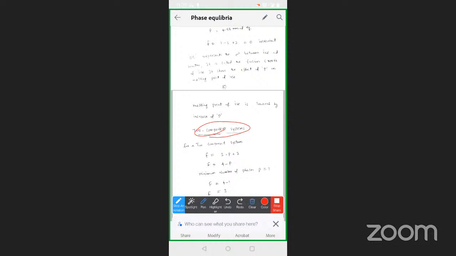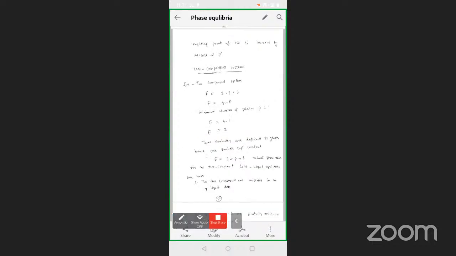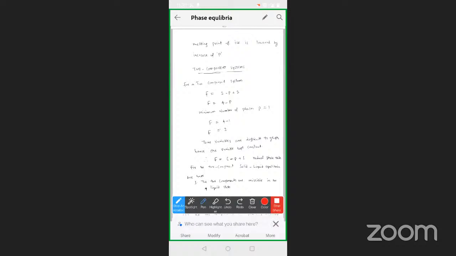So 4 minus 1, F equal to 3. The 3 variables make it difficult to draw a graph. Hence, one variable is kept constant.